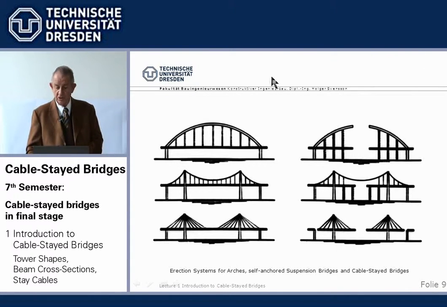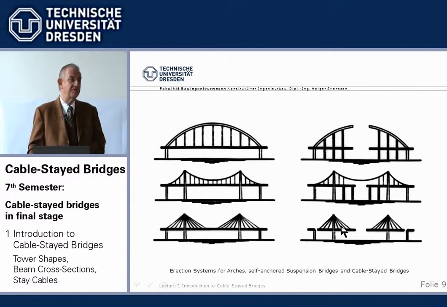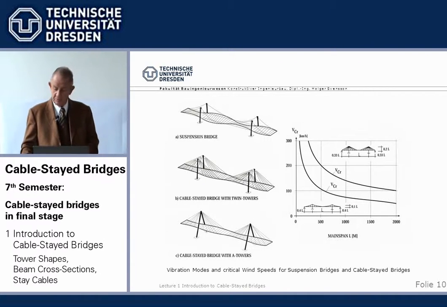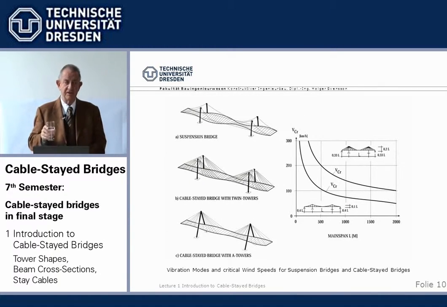We take dead load from the beam in the cables, and we have the same here, and so the horizontal components equal one another out. We do not need any auxiliary supports for cable-stayed bridges for their typical construction method of free cantilevering outwards from the towers.